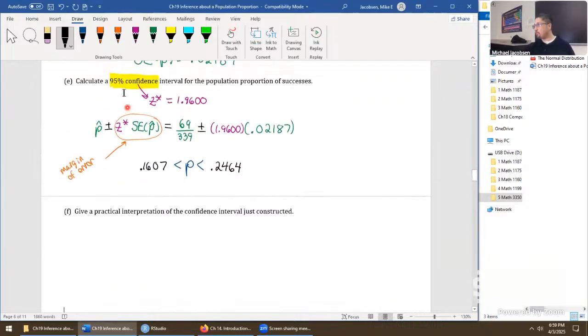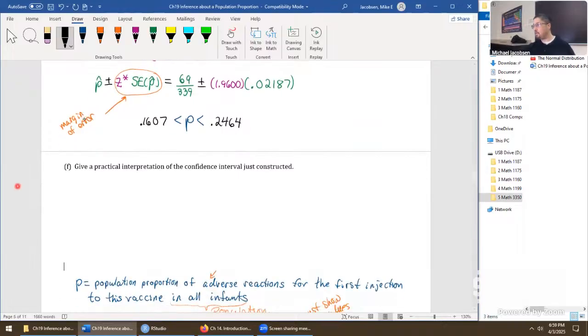Now we can say, because it was a 95% confidence interval, with 95% confidence, we refer to P next. The true, now you could say the true proportion, the population proportion, or the true percentage, or the population percentage. There's lots of freedom for stylistically writing this out in the next step. I'll go with the true percentage.